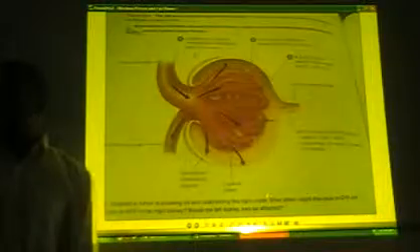And how can your net filtration pressure be maintained? There are two possibilities. One, by adjusting the blood flow. If blood pressure is increased, and a lot of blood is coming to the afferent arteriole, you decrease the pressure by decreasing its volume.